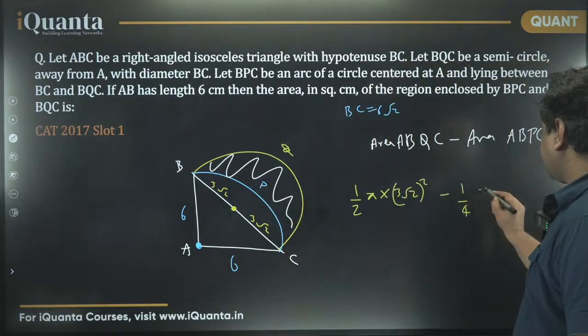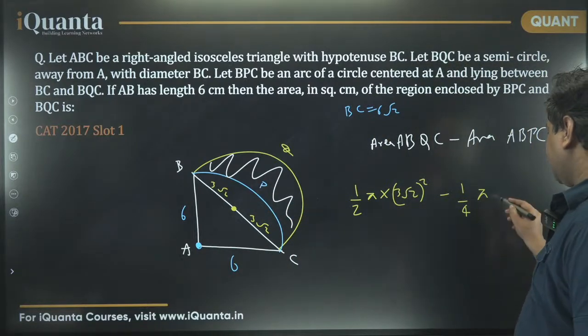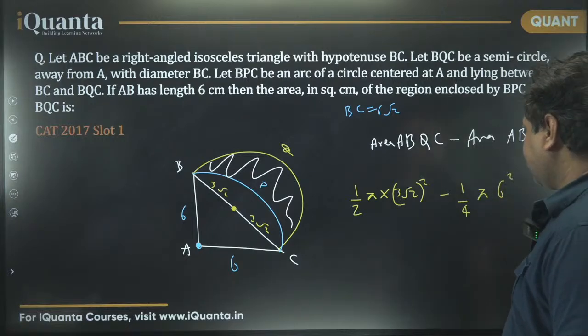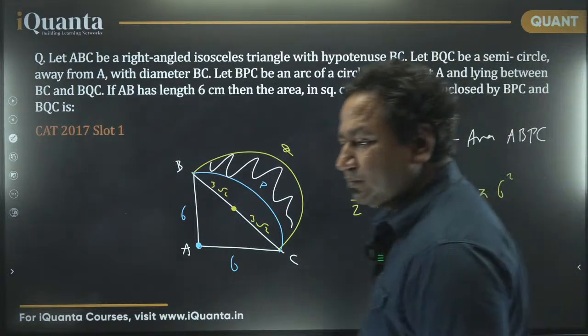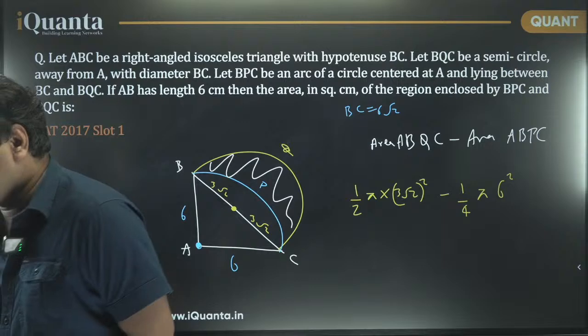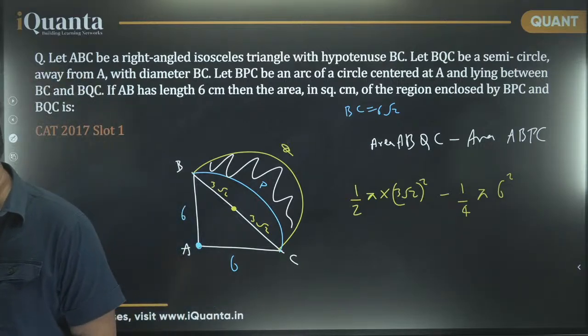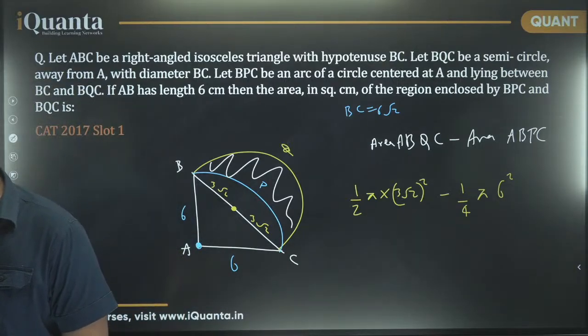So pi r square, r is 6 here, so I'll get 6 square. Is this right? Not really.